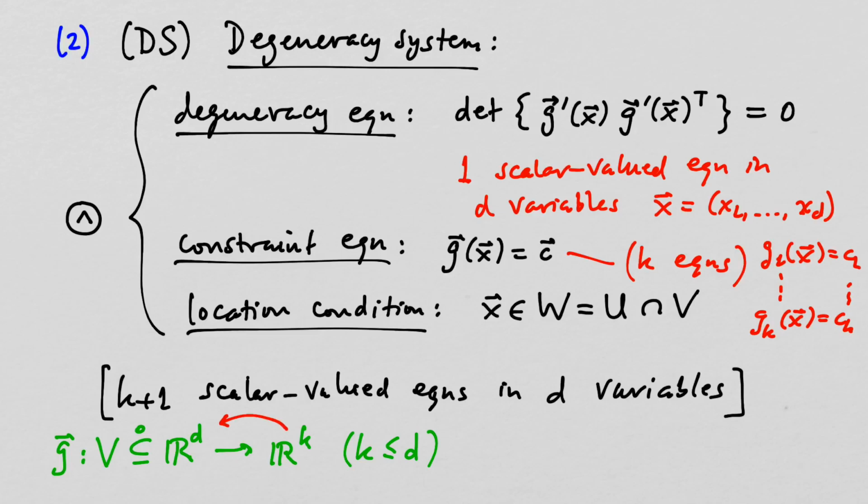So the derivative g prime of x is going to be of size k by d, and its transpose therefore is d by k. So this product makes sense, and the size of the product is k by k. Notice that that's square, and therefore it has a determinant. The determinant is well defined. Right? But the fact that the determinant is set equal to 0 means that that square matrix is not invertible. That's really what the degeneracy condition is saying, that that square matrix is not invertible.